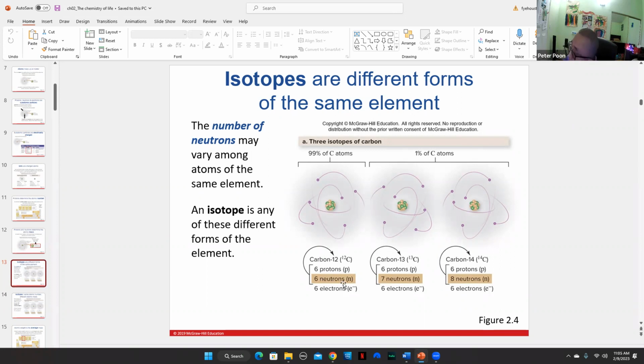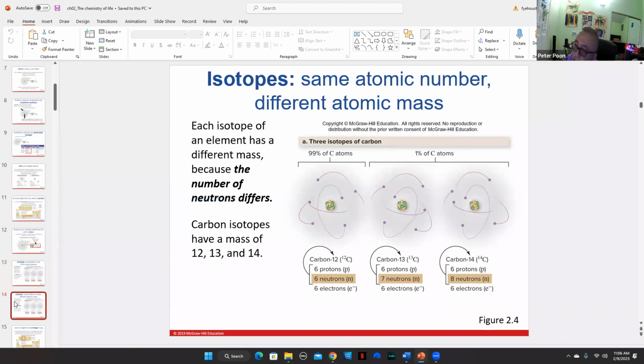That's usually the case, but occasionally there are C13, which has 7 neutrons instead of 6, and even rarer, there is C14, which has 8 neutrons instead of 6. So isotopes have the same atomic number, but different atomic mass.